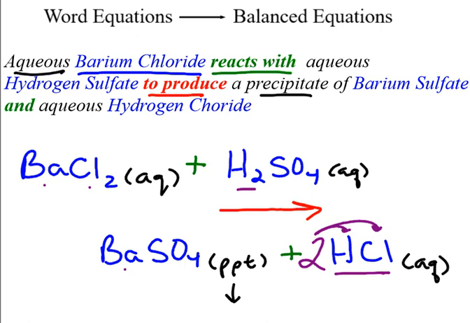A little balancing trick is if you see a polyatomic ion and it stays in its same format both before and after. So in this case, we see that the SO4 group stays as an SO4 group. Then it's often easier to balance them as a whole group. There's one SO4 group before and one SO4 group after. This equation is now balanced.